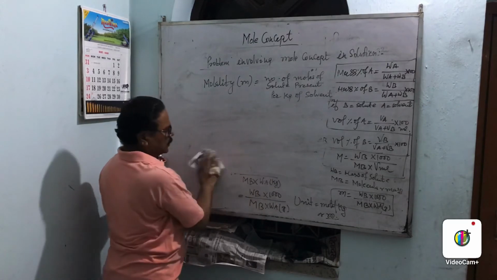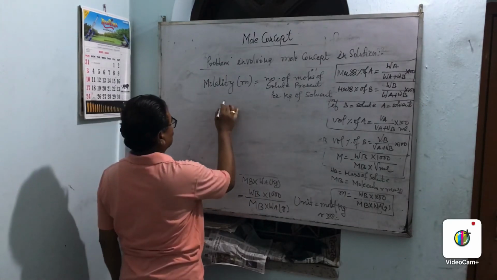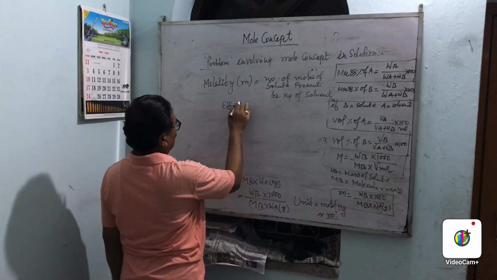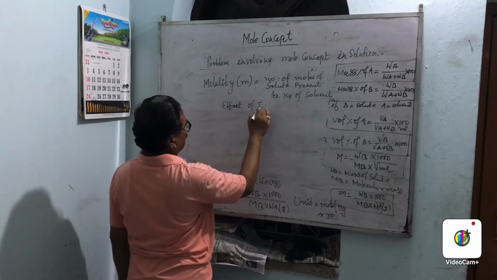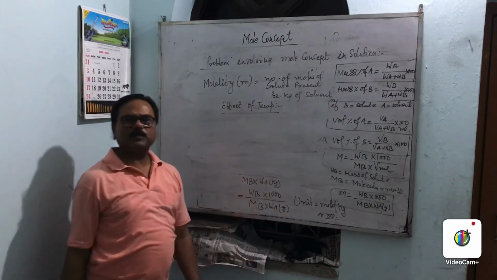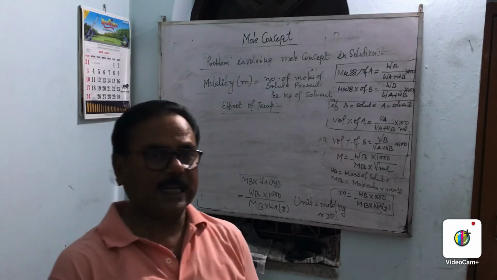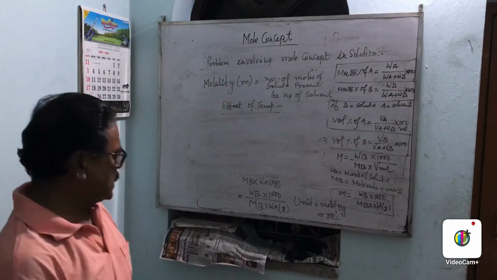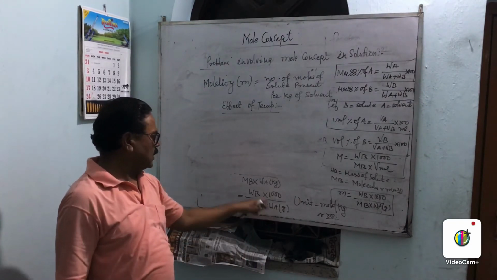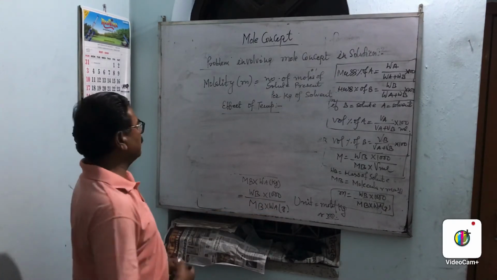So what is the effect of temperature? There is no effect of temperature. Why is there no effect? Because it is not related to the volume. It is a mass and it is also a mass. So it is a mass to mass ratio, that's why there is no effect of temperature.